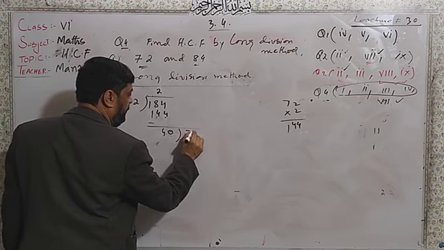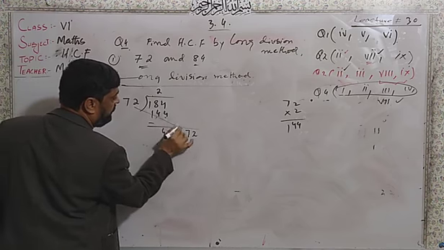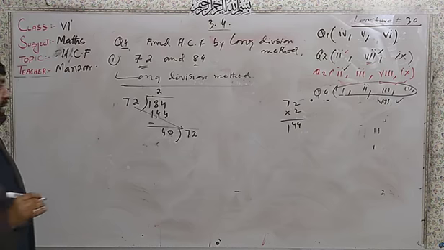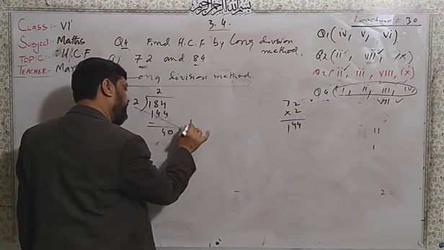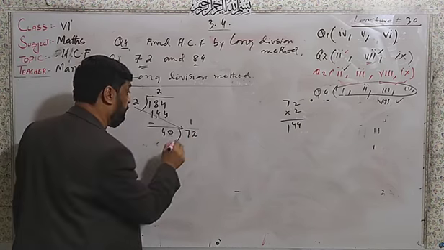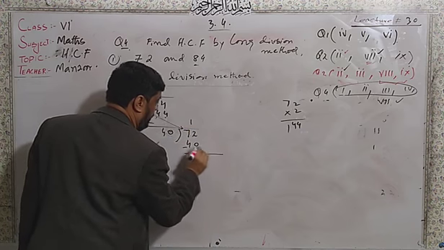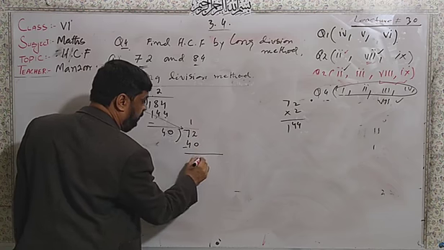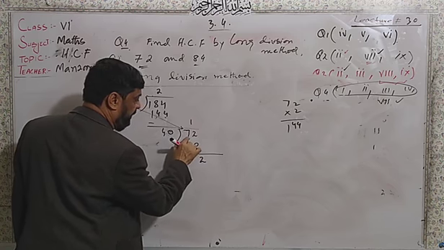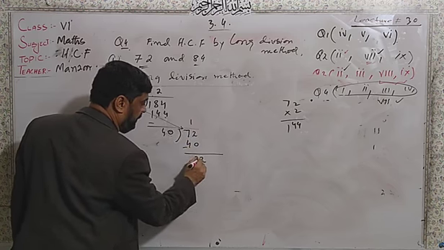And again I will bring the 72 here. It will become the dividend. 40, again 1 time. 2 times will be 80, more. Here 72 minus 40 will come 32.